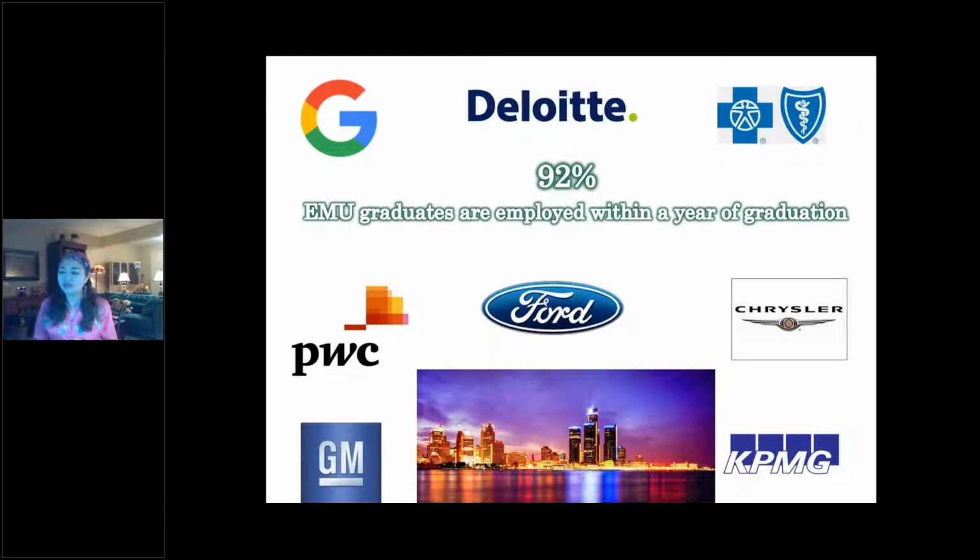So it is really nice to see how well employed our graduates are, and they can find jobs pretty easily. But of course, every individual is different. It may take a little bit of time for some students, but at the same time, some students may get 3 or 4 offers in hand.